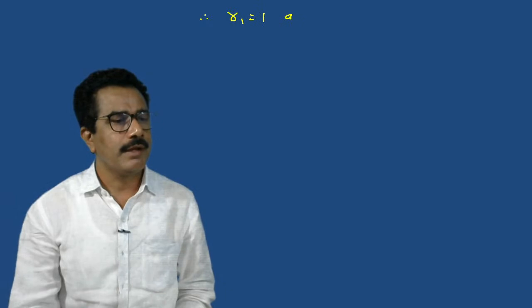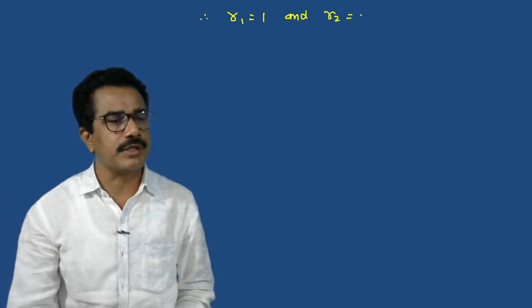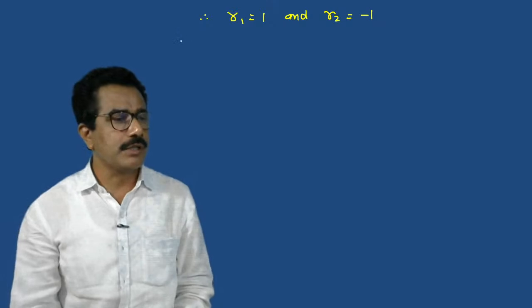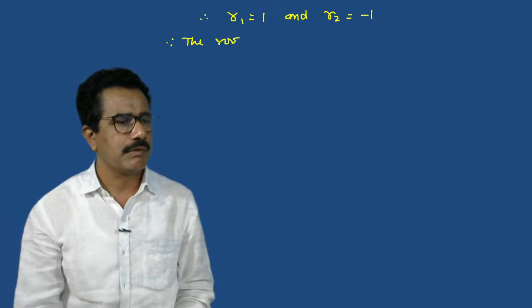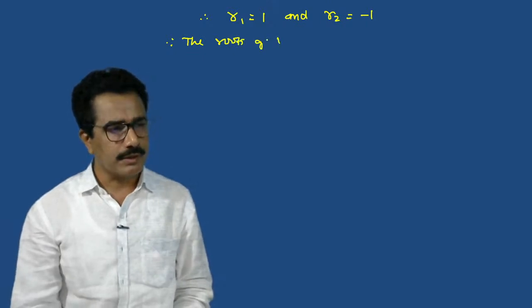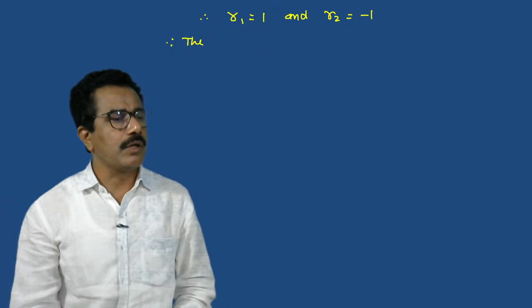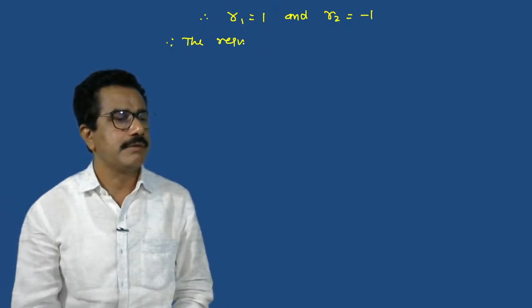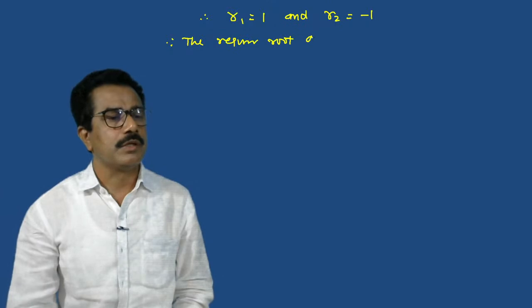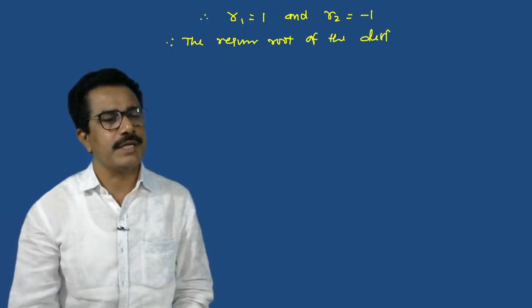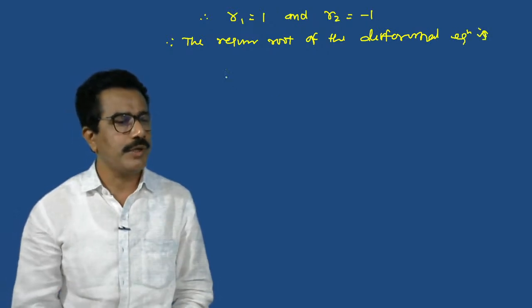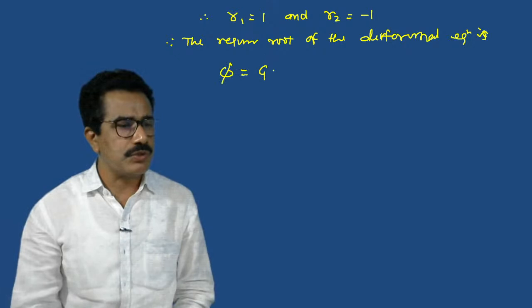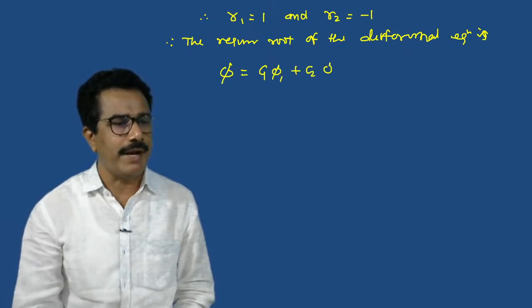Therefore r1 = 1 and r2 = -1. Therefore the required solution of the differential equation is phi = c1 phi1 + c2 phi2.